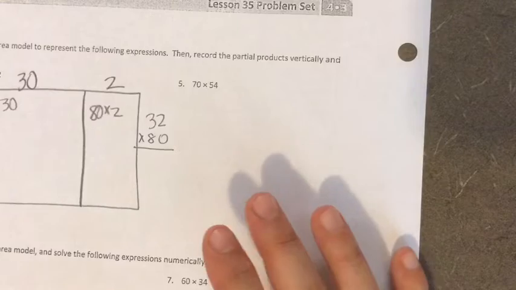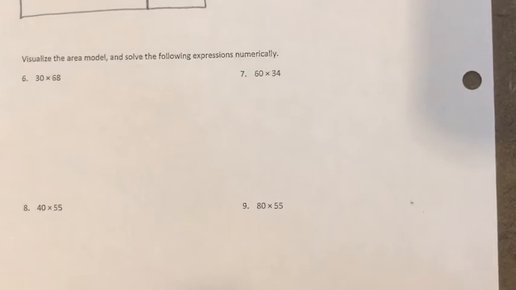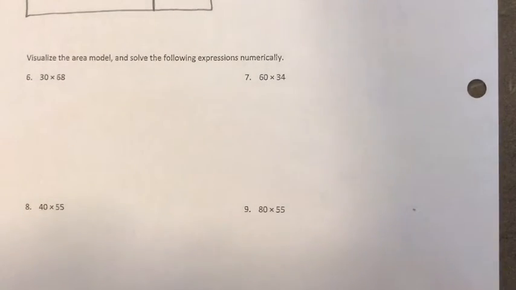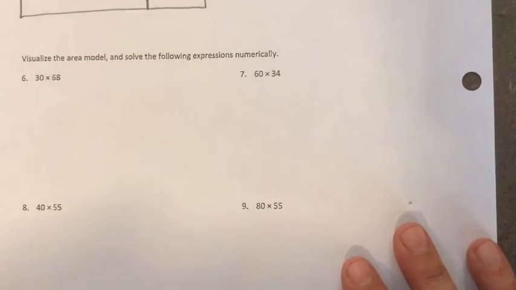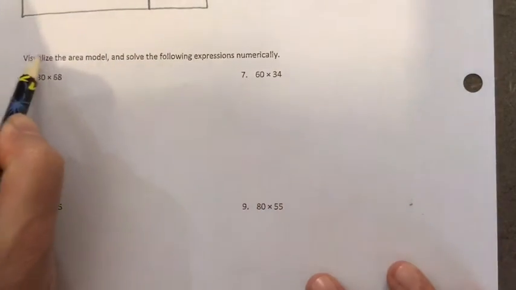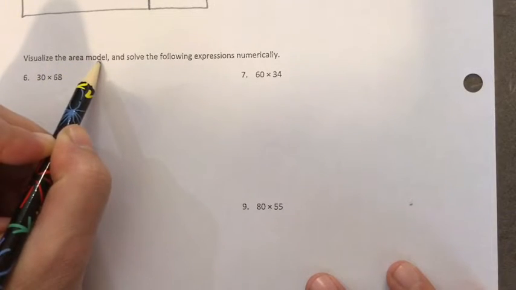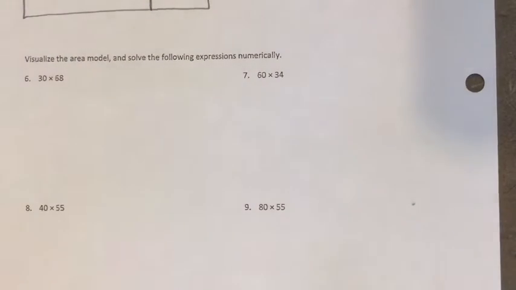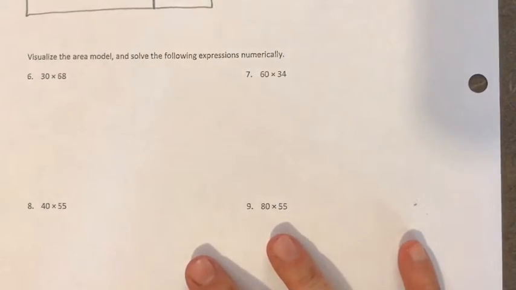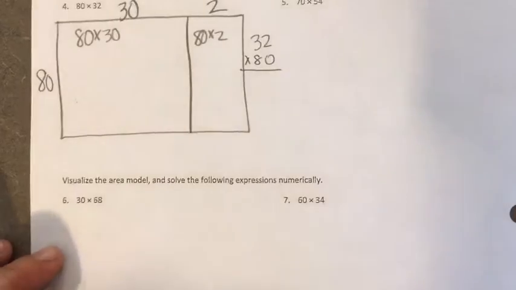All right. Here's what I want you to do. I want you to try all of these, but this one says visualize the area model and solve the following products numerically. So it's asking you to do it this way. But if you love the area model as much as I do, you can do it on a piece of scratch paper.